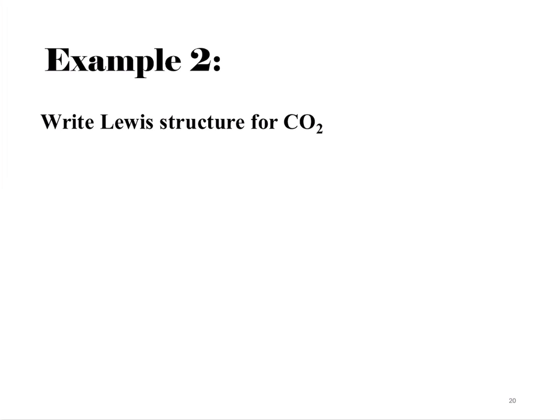Also, we're drawing Lewis structures. Can't draw Lewis structures for ionic compounds. Well, we can, but we're not going to do that. So this is going to be a covalent molecule. And for covalent molecules, do we need prefixes? Yes or no? Thumbs up, thumbs down. We need prefixes for covalent molecules. Why? Because we need to know how many of that element is in the molecule.